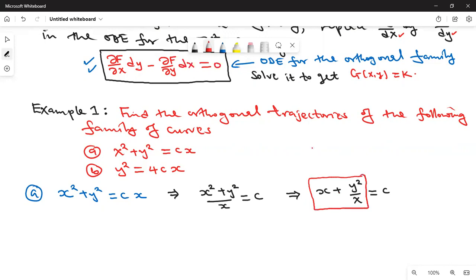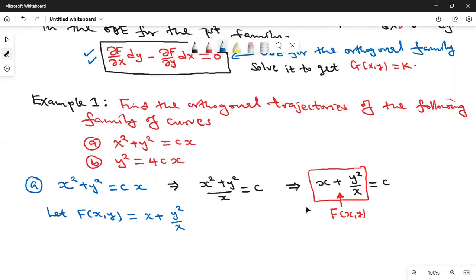So you can say, let f of x, y be equal to x plus y squared over x.